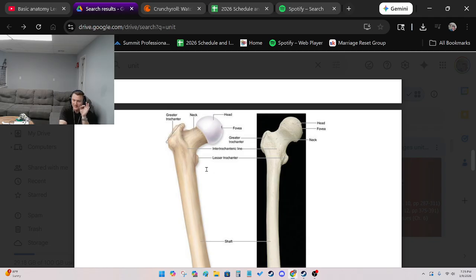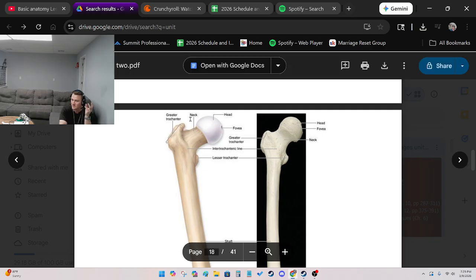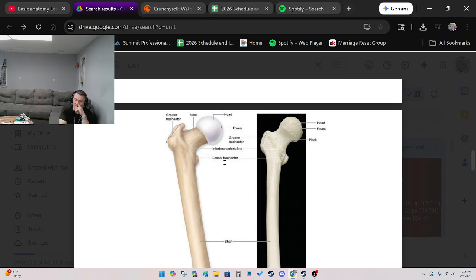Greater trochanter, lesser trochanter, greater, lesser, bigger, smaller. In the muscle world, we use major and minor. In the bone world, we use greater and lesser. Absorb this information. Now, trochanter just means a large protrusion or knob. Okay, so it's a large protrusion.